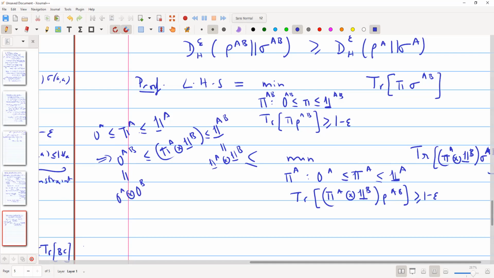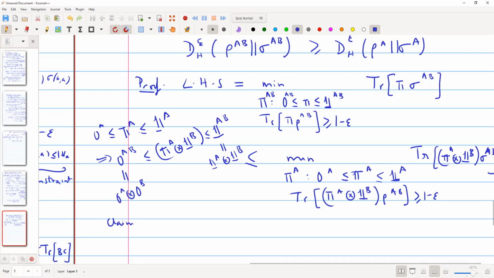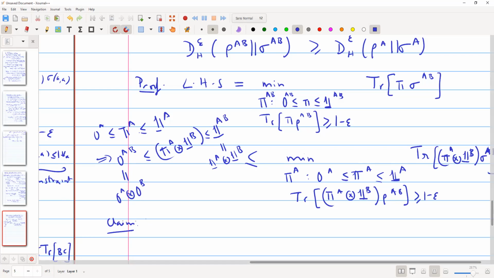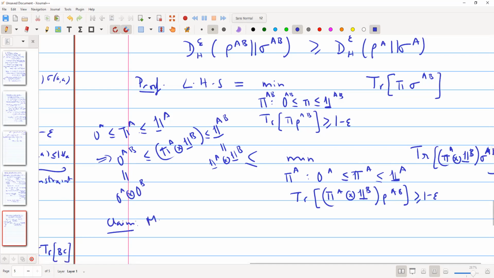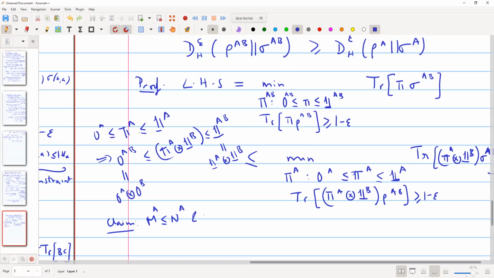And all that I have to prove is, so a little claim, but now these claims should be easy for us to follow, that if M on system A is less than N on system A, and let us say T on system C is greater than or equal to 0, I mean, is a positive matrix.